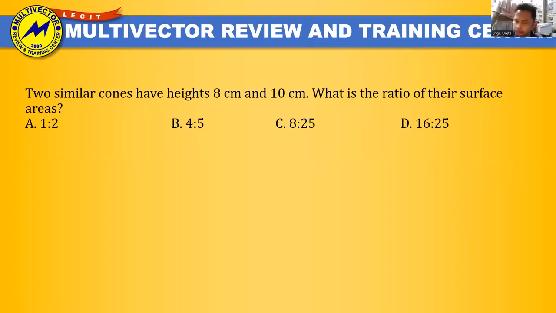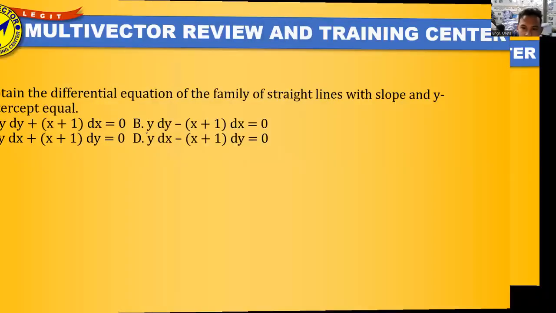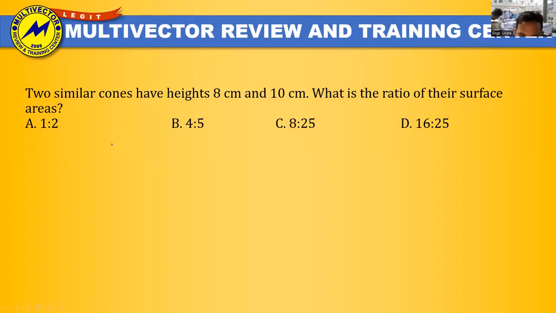Okay, problem number 91. Two similar cones having a height of 8 cm and 10 cm. What is the ratio of their surface area? Okay, kapag similar yung solids natin, the ratio of their heights, H1 all over H2, is just equal to the ratio of their corresponding lengths. H1 all over H2 squared is equal to the ratio of their area.